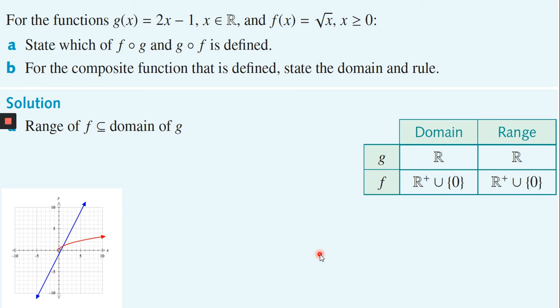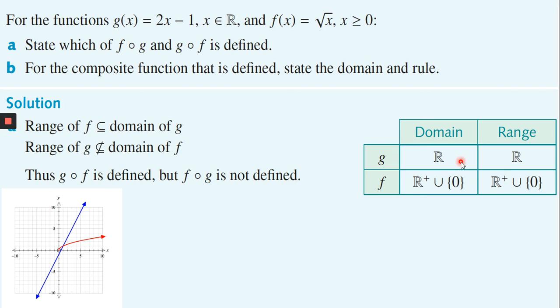So the range of f, which is this, is a subset of the domain of g. So we know that that will be part of that. The range of g, which is that one, sorry, is not a subset of the domain of f.